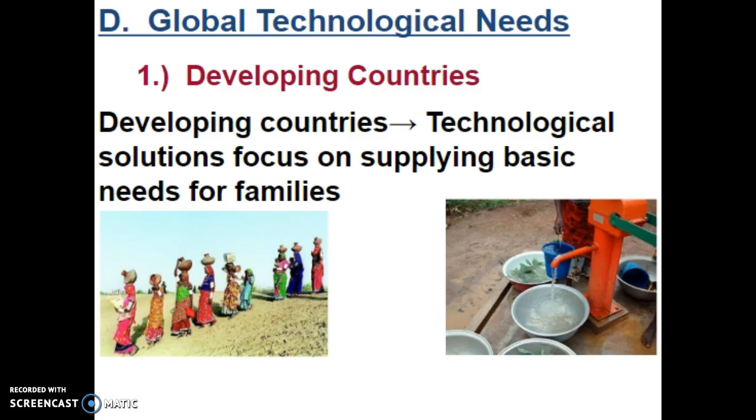Many people in developing countries get their water source from a lake or a river or a stream. Their animals also bathe and excrete their waste in those same streams. So it's important for people in developing countries, again, to have just basic needs met. So technologies have been developed, sustainable technologies have been developed for folks in these regions for just basic needs for families.